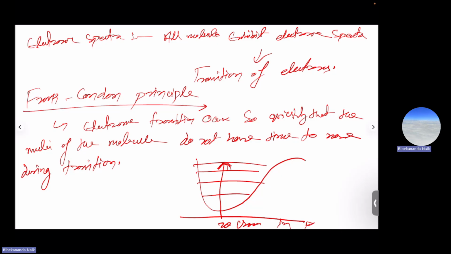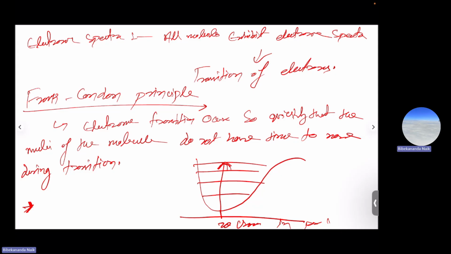Also, the intensity of the transition depends upon the overlapping of the levels: greater the overlapping, greater the intensity. Generally the transitions involving bottom levels have greater intensity than the other transitions. So these were the few concepts covered in this week's lectures.